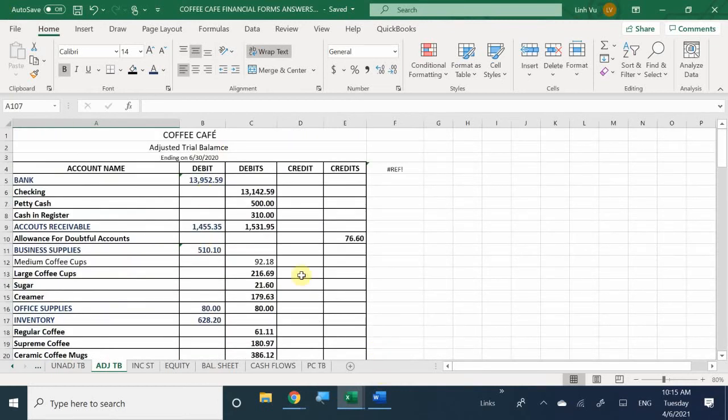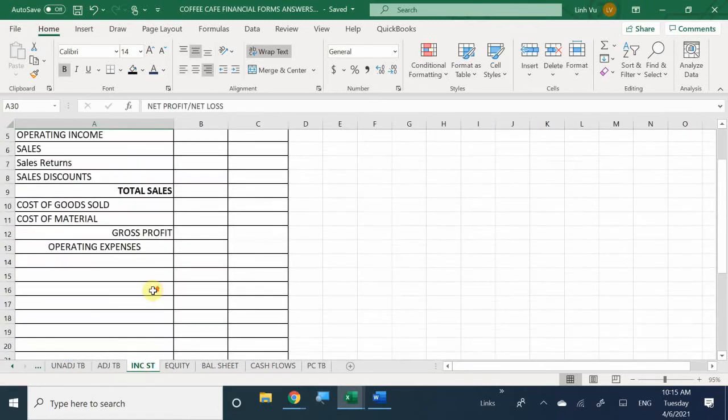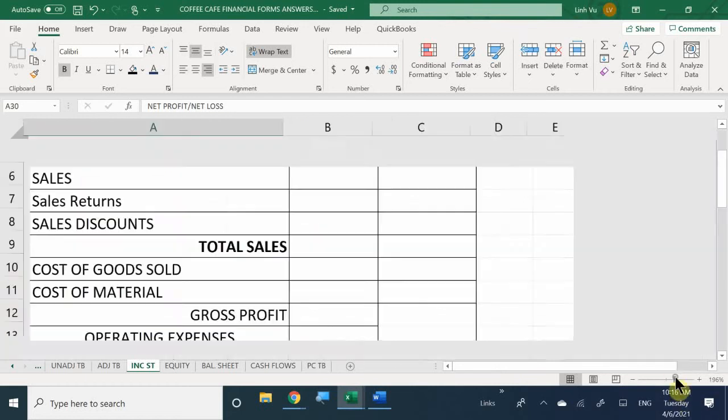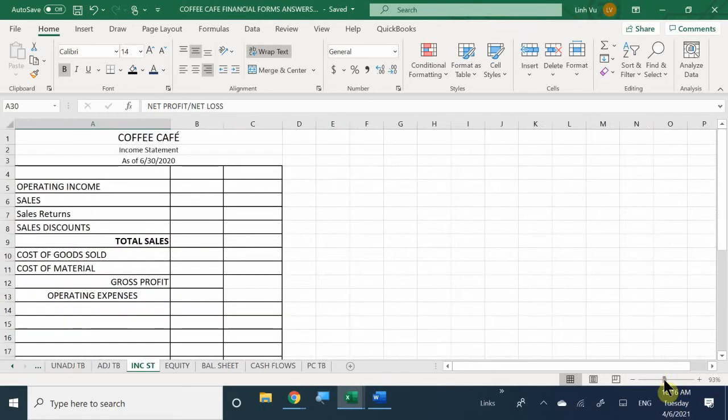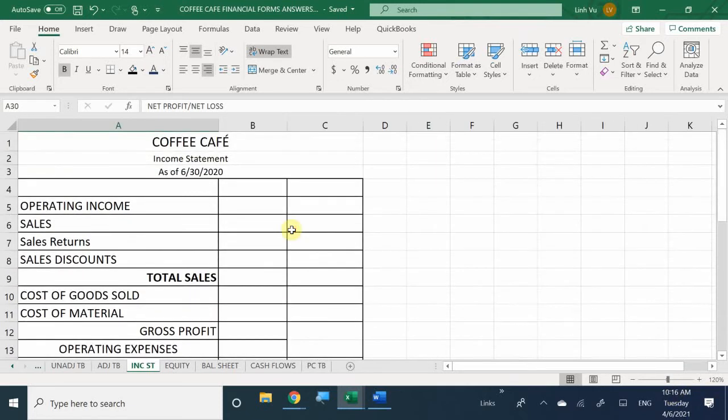So once again, we're only going to be focusing on just using the main accounts, okay? So if we go ahead and dive right into our income statement, I've already kind of gave you a little brief guideline on what to do here, okay? So, here's a little brief guideline of what you're expected to know.